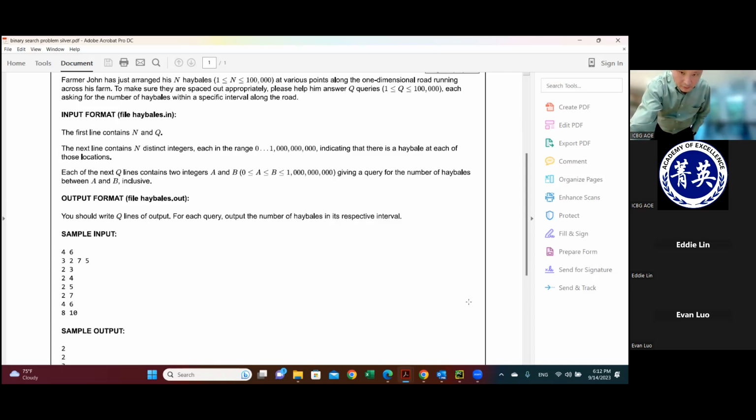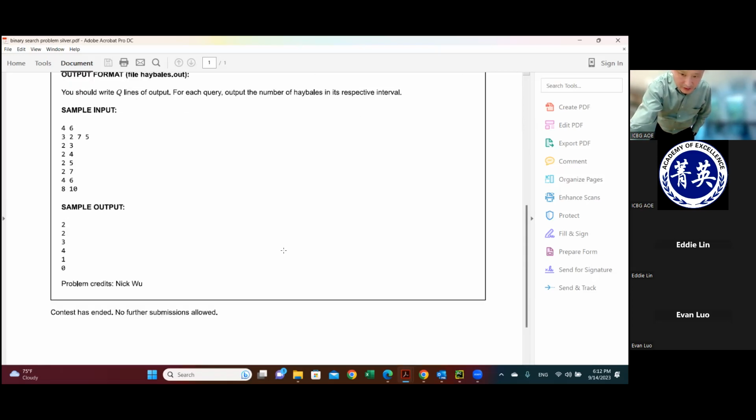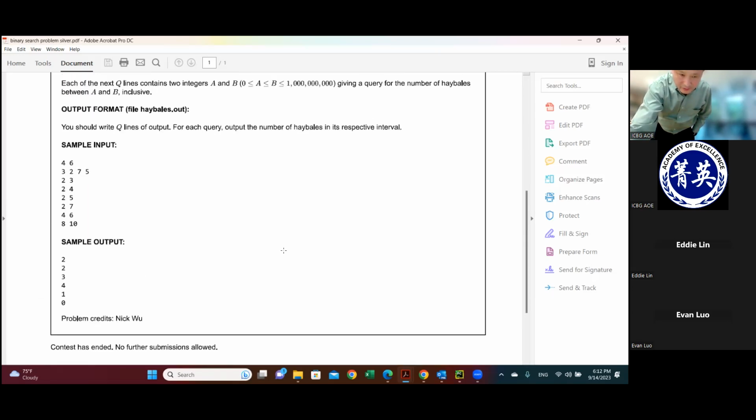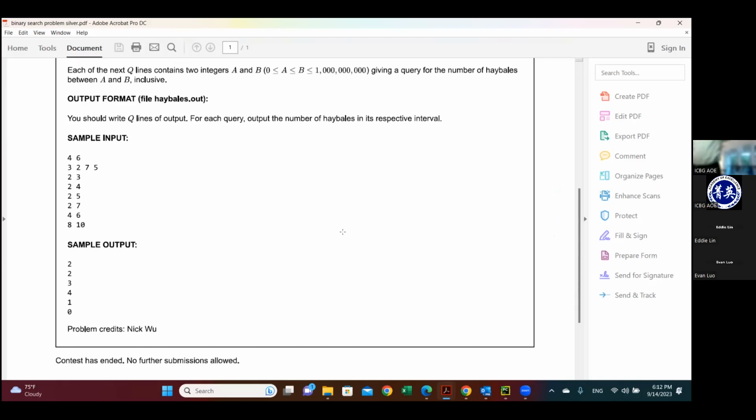Okay. So do you guys still have access to the classroom? Good. So this is the input. You see here, the first line means there will be six queries, right? And then the second line is the positions of all the hay bales.